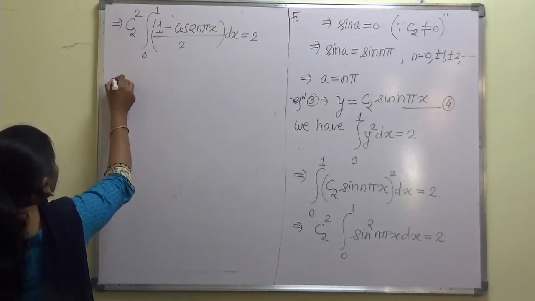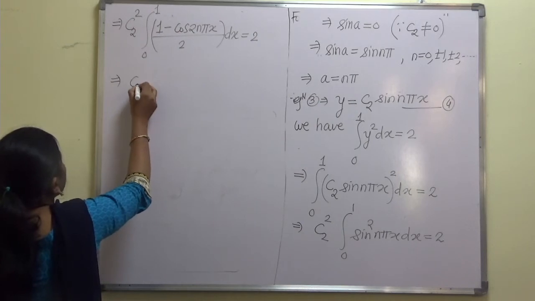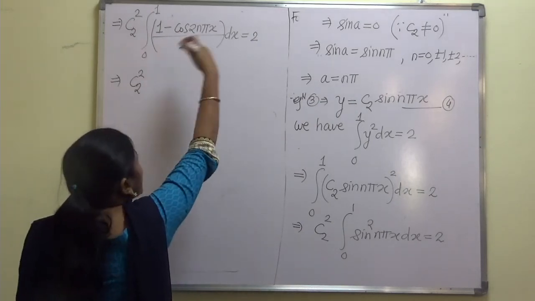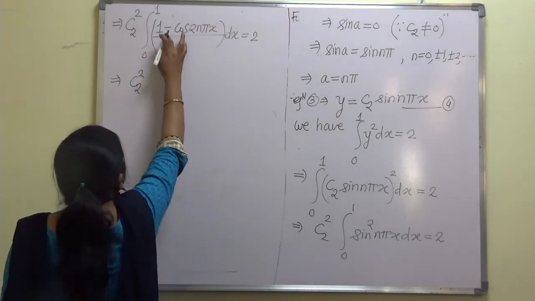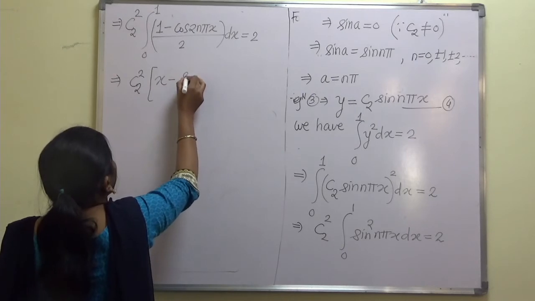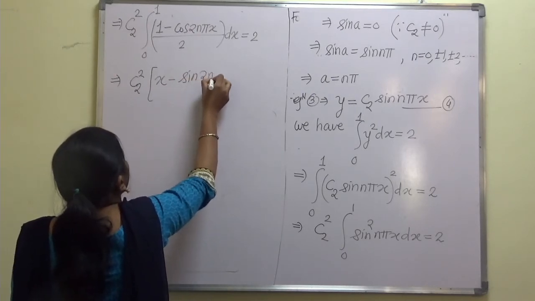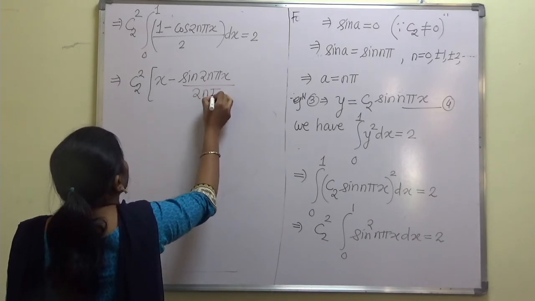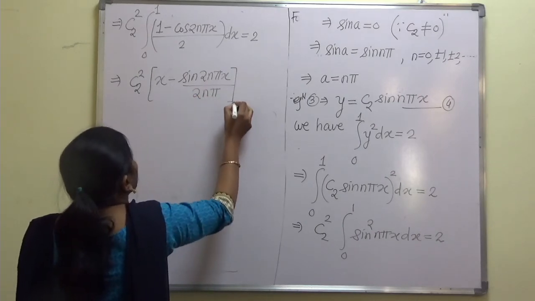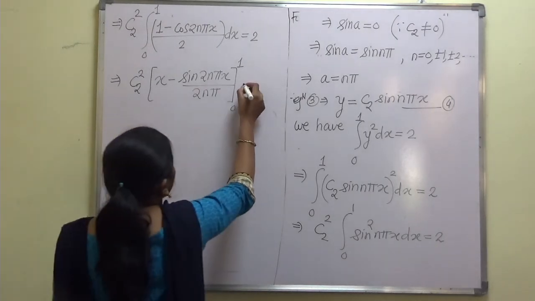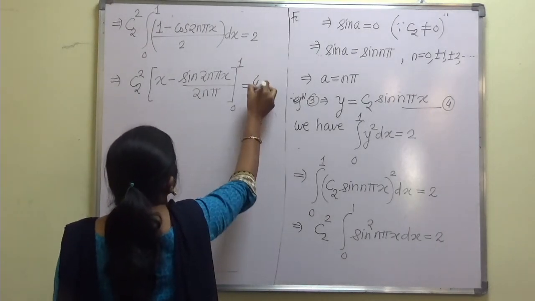Simplify. So this implies c2 square, I'll take 1 by 2 outside, take it to the right hand side. Now integration of 1 is nothing but x, minus integration of cos is sine of 2n pi x upon 2n pi. Put the limits 0 to 1, is equal to what we have here, it is 4.